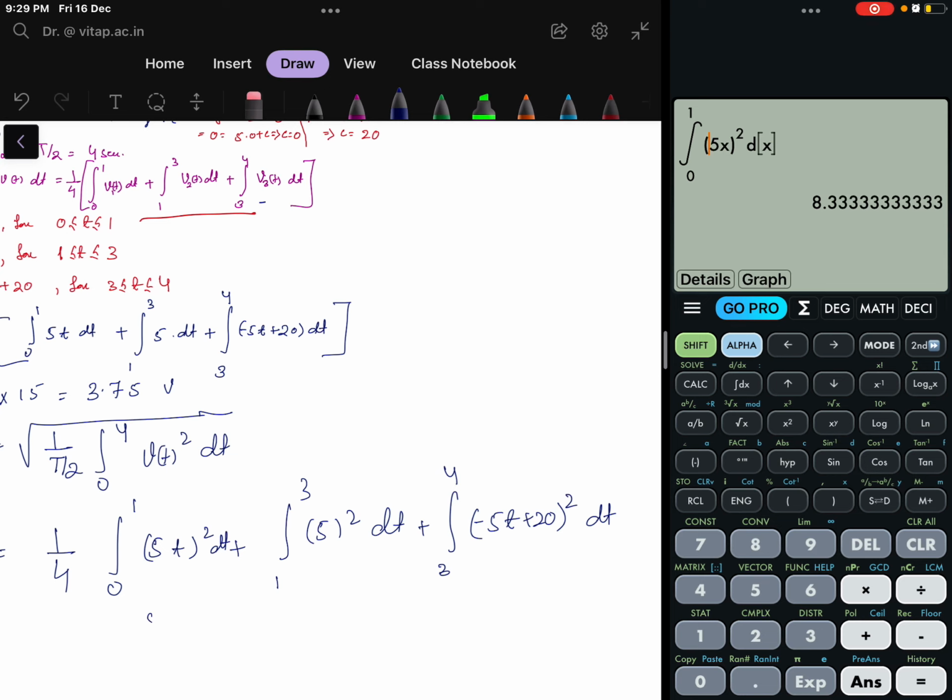Okay. So, this I will write 8.33. So, individually you can write it also, so that there will be less confusion. Next integration of 1. So, 5 square is 25 and here limit is 1 to 3. So, this is 50, plus again integration. So, here the expression is minus 5t plus 20 and its square, limit is 3 to 4.